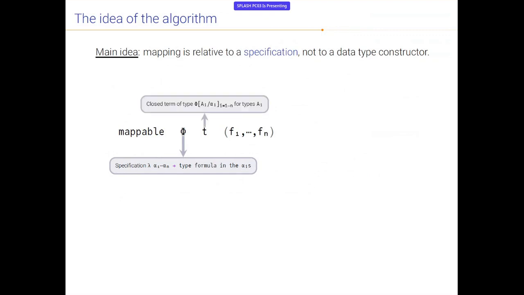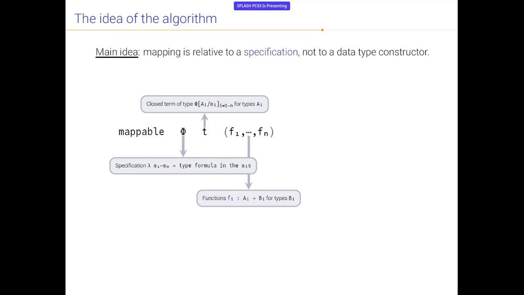The second argument is the term that we are trying to map the functions over. And these terms need to be in one of the instances of the specification. So we need to have some type A_i such that phi of the A_i is the type of t. And finally, we need functions that we are trying to map over this term t from A_i to B_i.